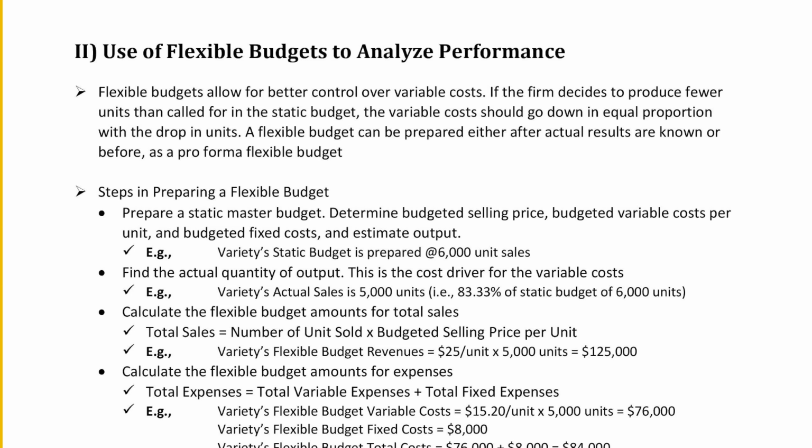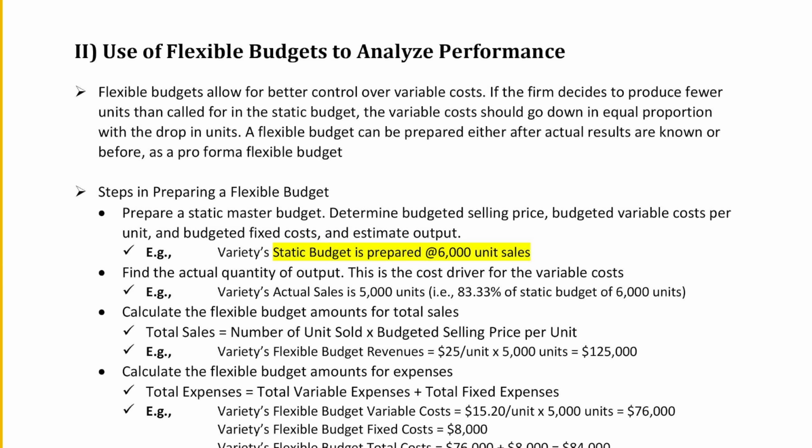Next, we have the steps in preparing a flexible budget. First is to prepare a static master budget. Determine the budgeted selling price, budgeted variable cost per unit, and budgeted fixed costs, and estimate output. In this example, the static budget is prepared at 6,000 units of sales. The next step is to find the actual quantity of output, because this is the cost driver for the variable cost.